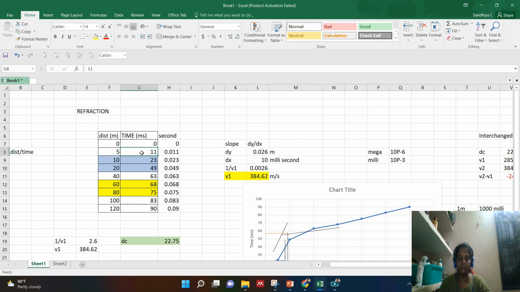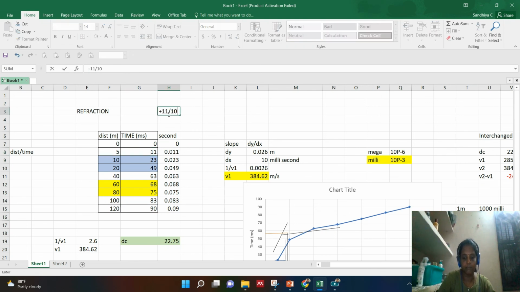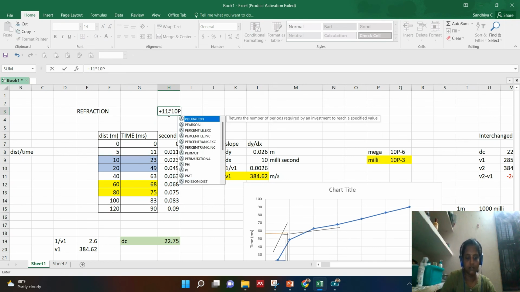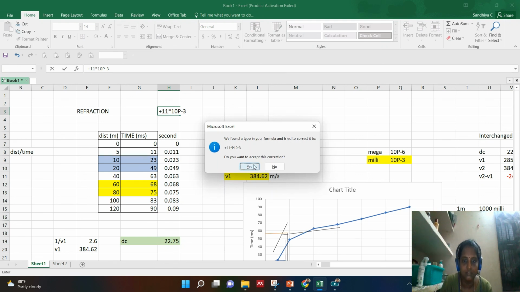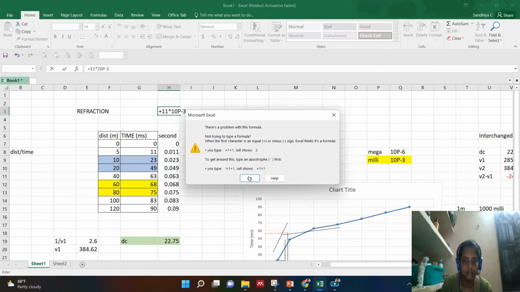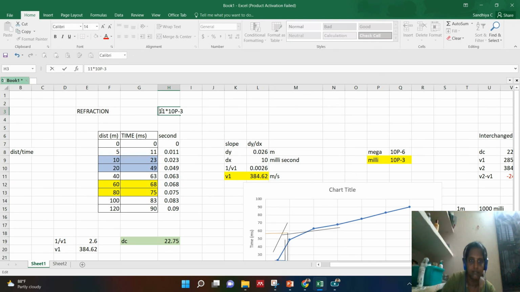Why do we have to multiply by 1000? Am I right? Milli is 10 power minus 3. So this is nothing but 11 into 10 power minus 3. This is what the value is. Milli means 10 power minus 3.